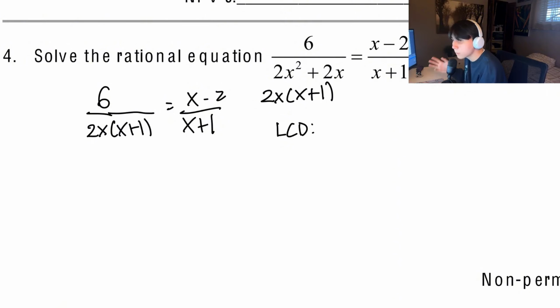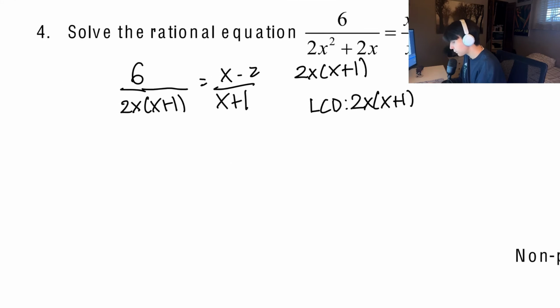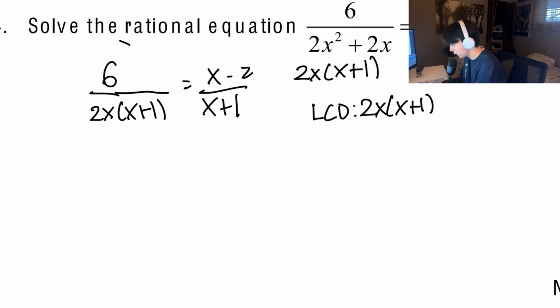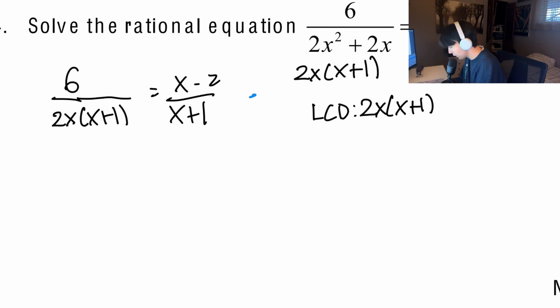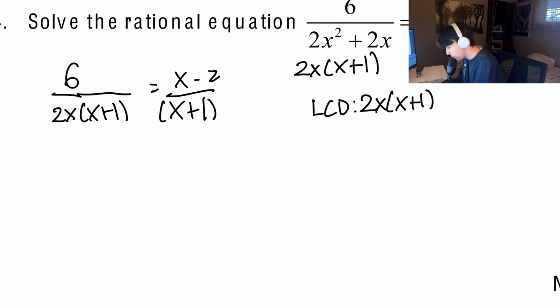But what we're missing is that 2x in front of it. So our LCD is going to be 2x(x + 1). Since we don't have to change anything on this side, since we already have our lowest common denominator, we're actually going to change our right side. So we multiply both the top and the bottom by 2x.